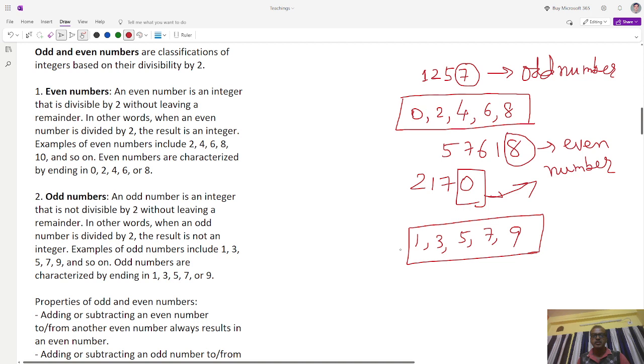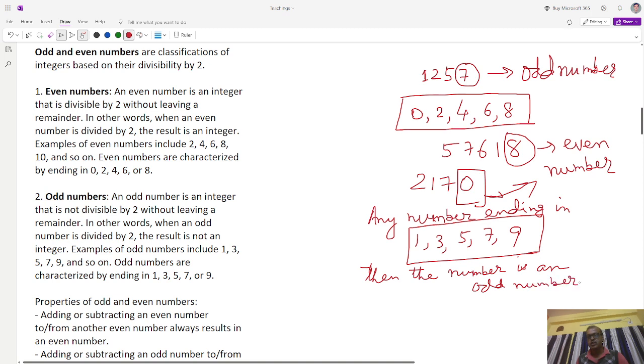Any number ending with 1, 3, 5, 7, 9, then the number is an odd number, right?